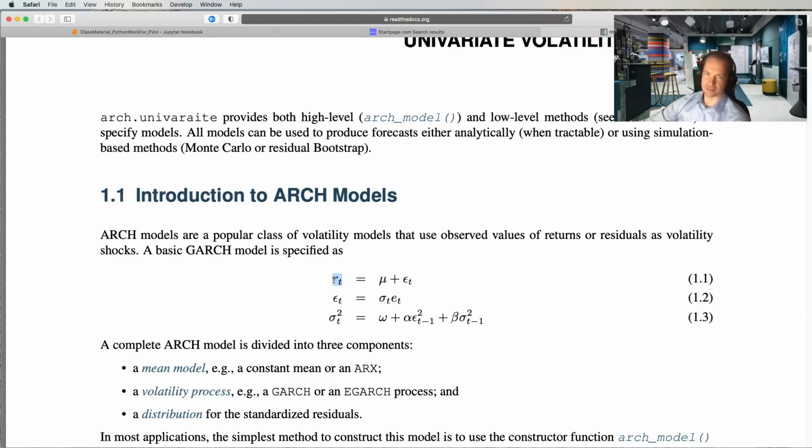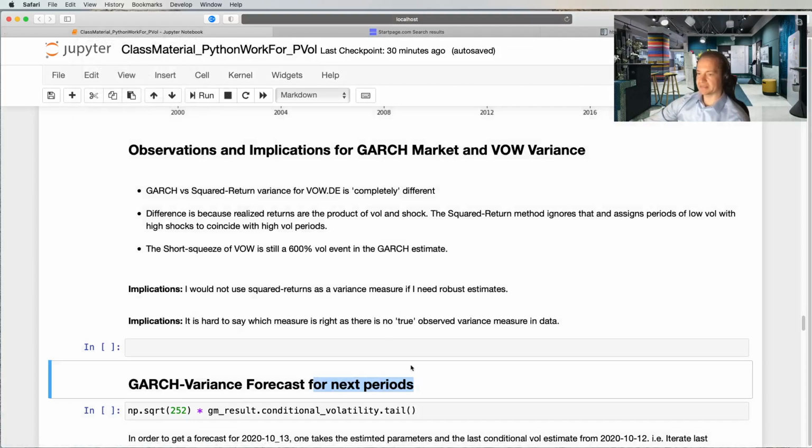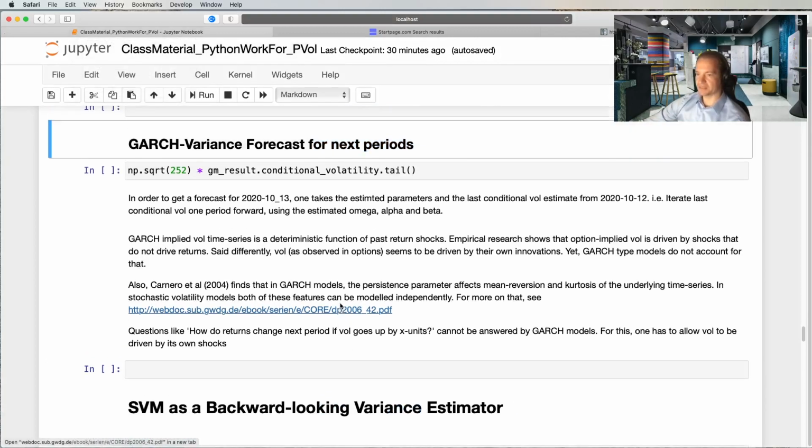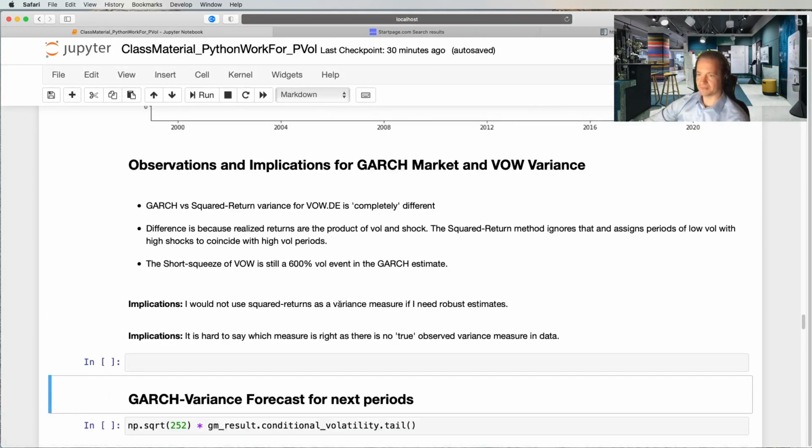A stronger supervisor would be if we observed some deterministic function of variance, where we knew the deterministic function, but we don't. That makes it complicated, and that makes it necessary to always ask for robustness.